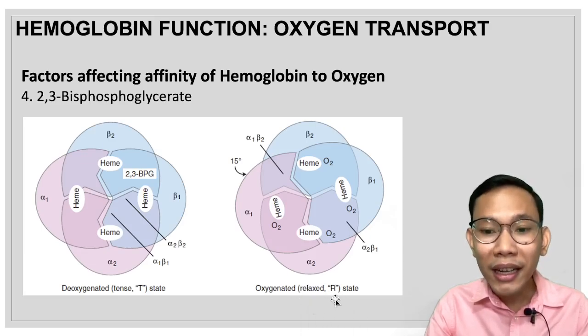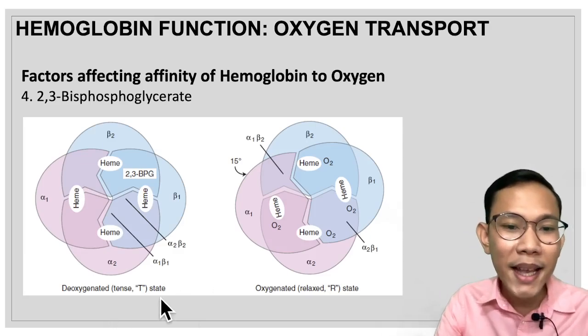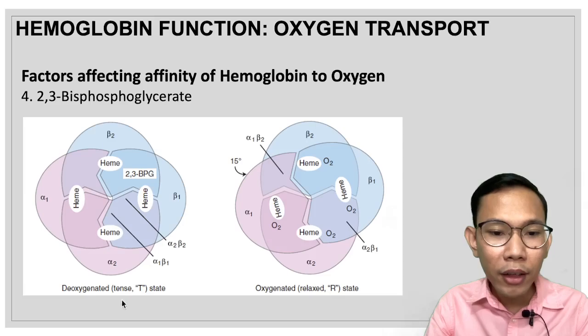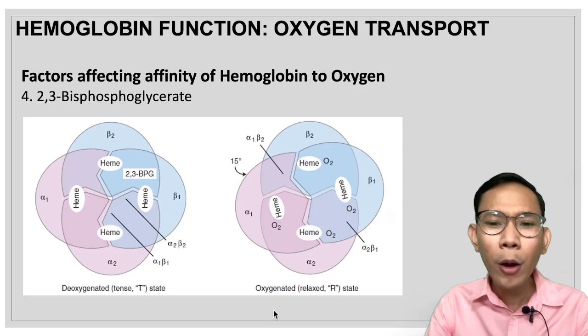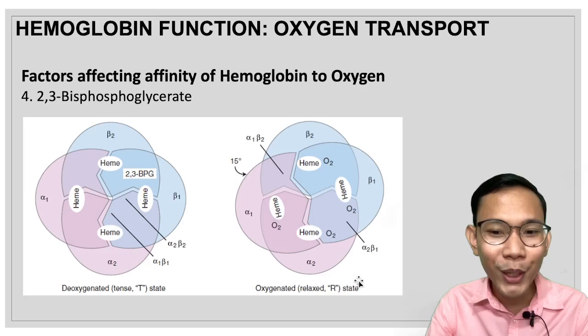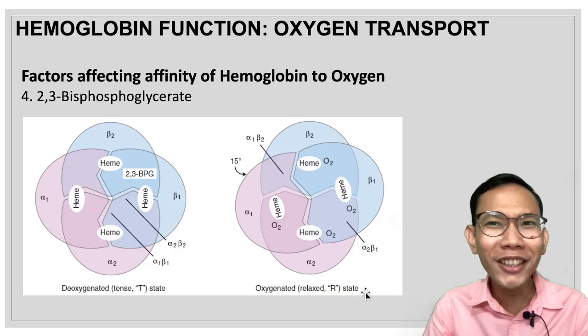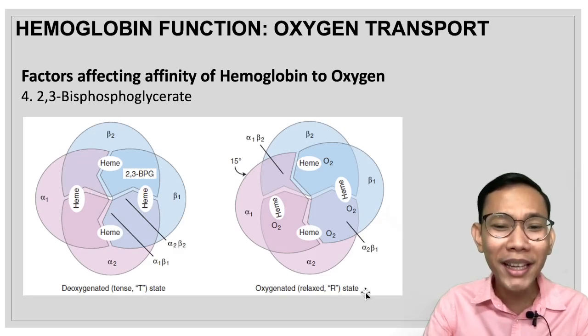Oxygenated is the relaxed or R state. Memorize: deoxygenated, wala kang oxygen, so natitense ka. Oxygenated, marami kang oxygen, so you are relaxed or in R state. That's how I remember that. Wala akong oxygen, of course na-tense ako, hindi na ako makahinga.